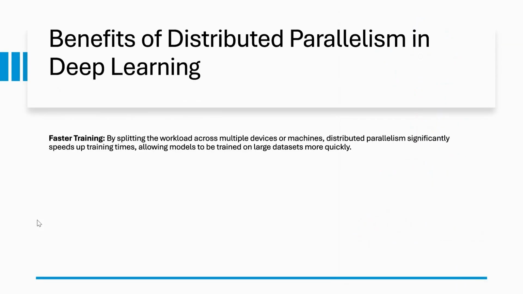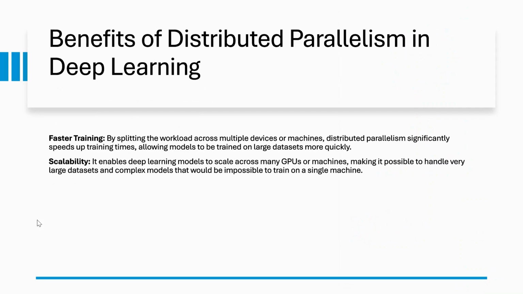What are the benefits of distributed parallelism in deep learning? It makes the training faster. Of course, when we have multiple machines and we split the data and execute on many machines at the same time, the training process is going to be much faster, and it's scalable. It is scalable in two ways: in data and in machines. When we have a single machine, we can execute the task on it, and we can add multiple machines after the pipeline is created.